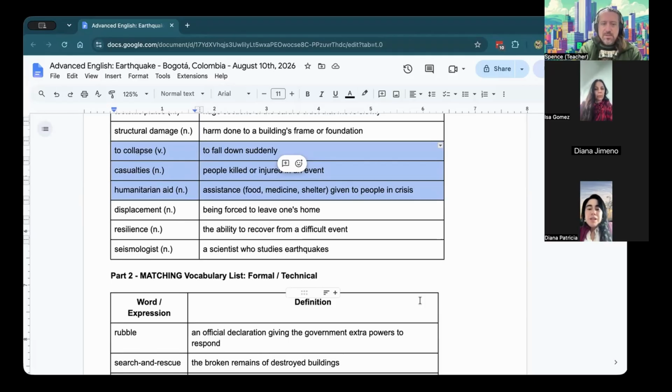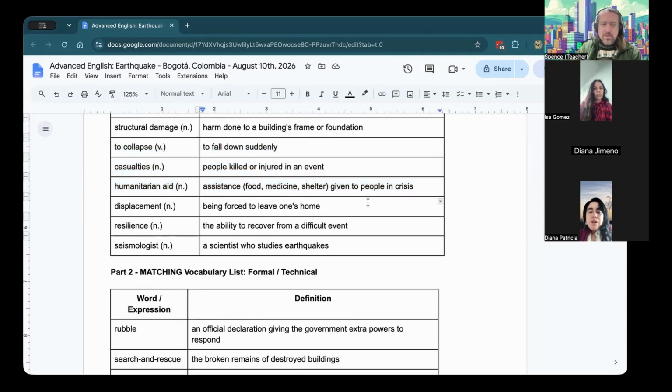To collapse, to fall down suddenly. Casualties, people killed or injured in an event. Humanitarian aid, assistance, food, medicine, shelter given to people in crisis. Yeah, so humanitarian aid can take a variety of different forms, not just medicine.